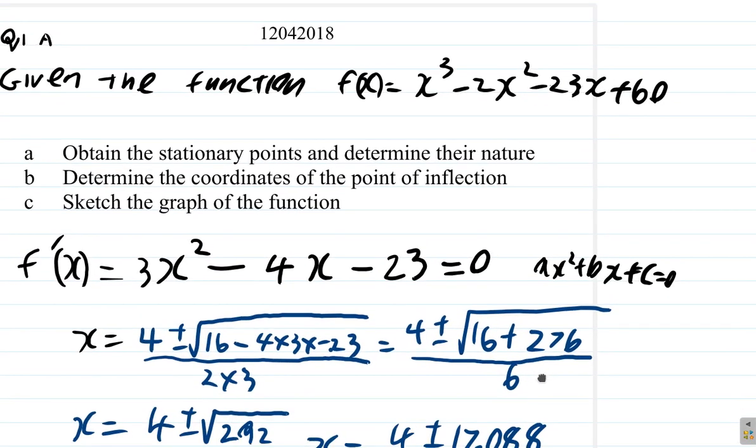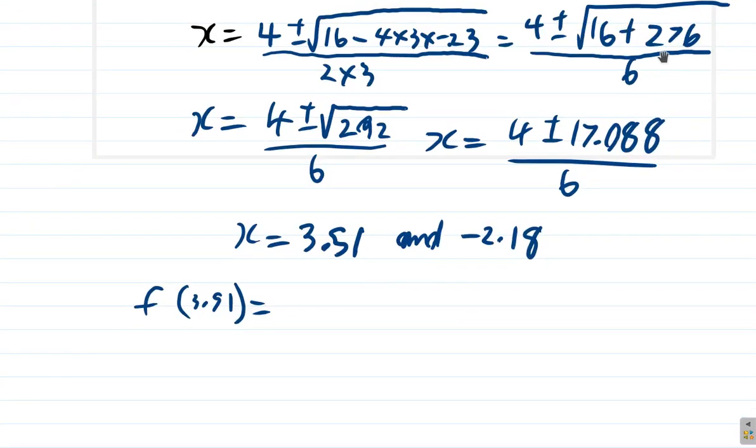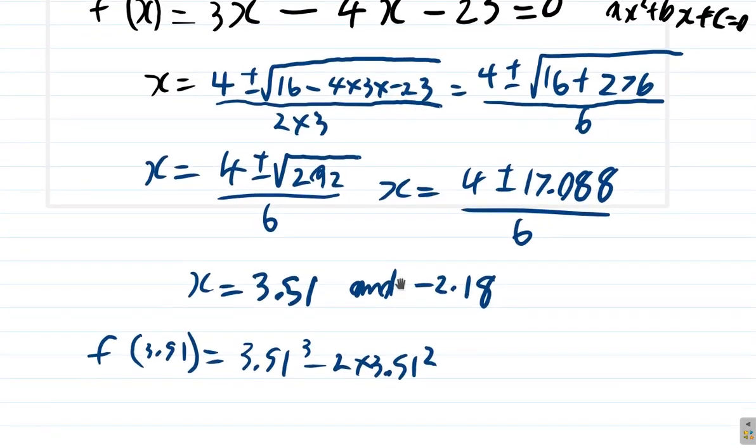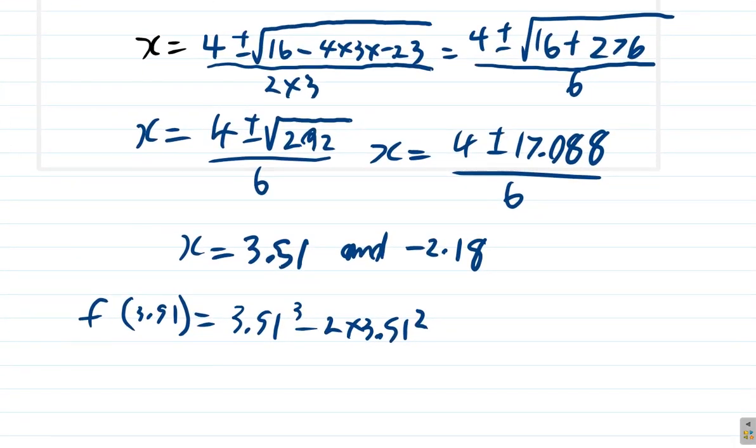3.51 cubed minus 2 times 3.51 squared, then minus 23 x, which is 3.51, plus 60.